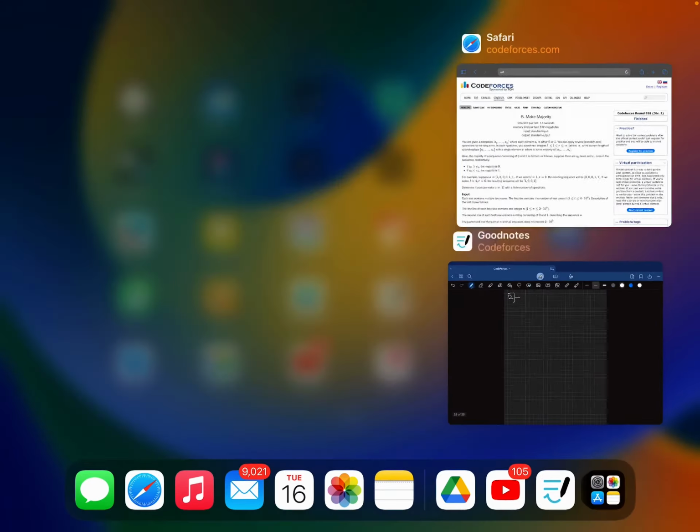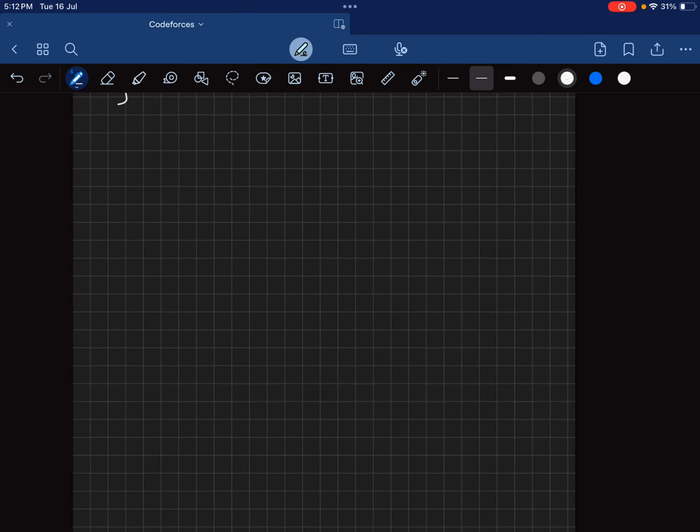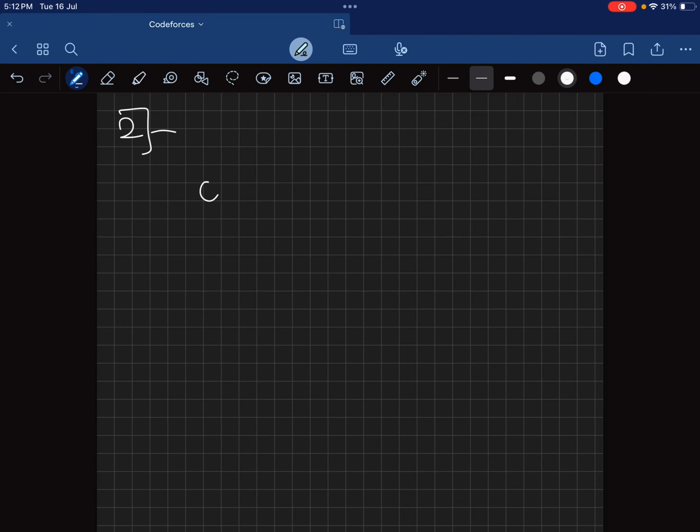The second question is called Make Majority. In this question, you are given a binary string, and you are allowed to do the following operation. You choose a substring and replace the substring by the digit in majority.